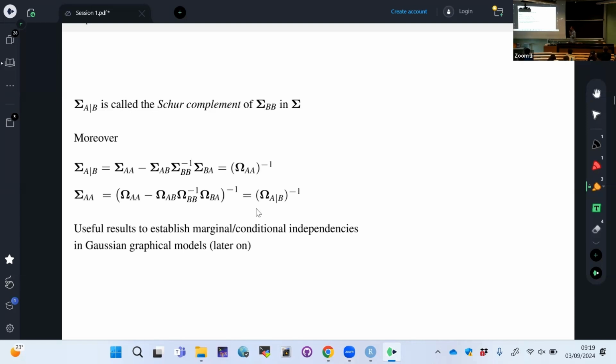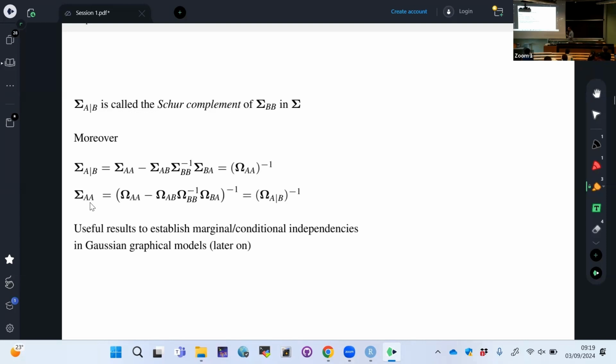So the two relationships that we have here express a relationship between marginal and conditional covariance or precision matrices, which suggests that when we deal with covariance matrices like sigma_AA, this is useful if we want to establish marginal independencies. Two variables are marginally independent if there is a zero entry in the covariance matrix, as we know.